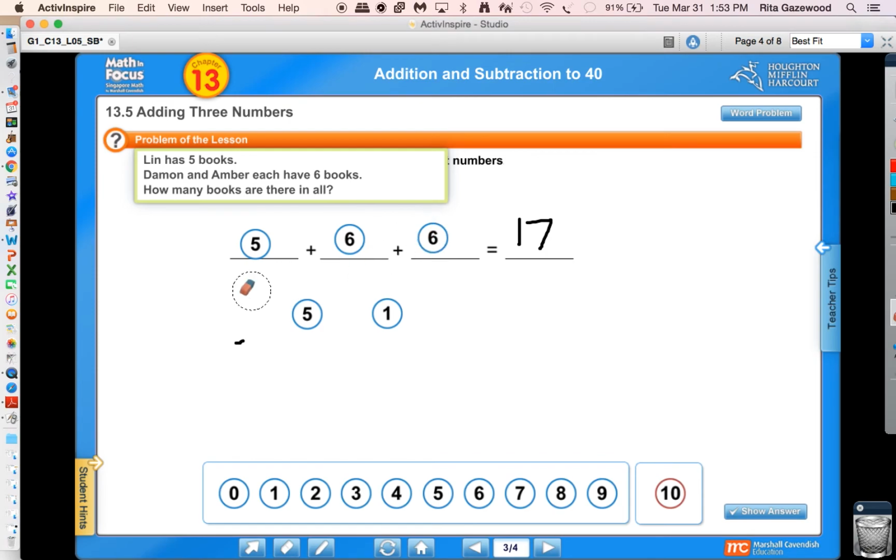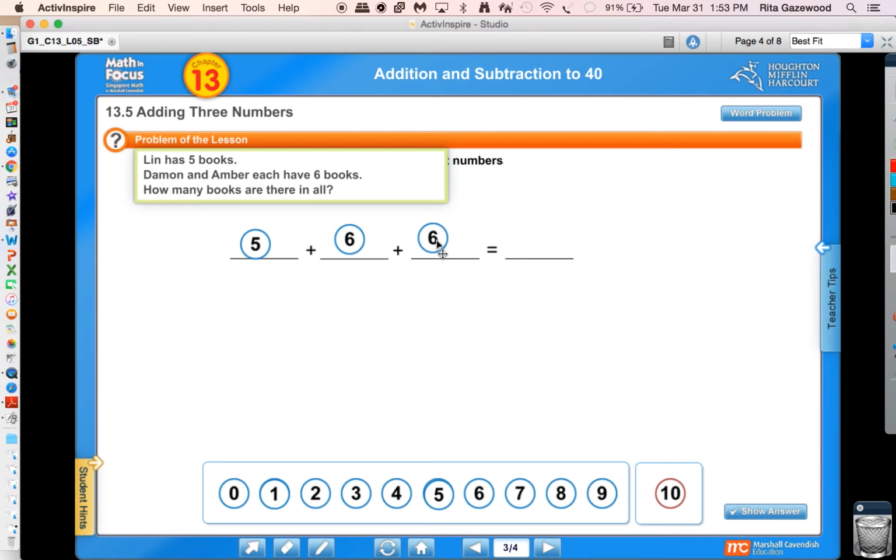So we're going to go back to the original problem. Lynn has 5 books. Damon and Amber each have 6 books. So another way to think about a number bond is to think about doubles facts, because that's another really good strategy we know.